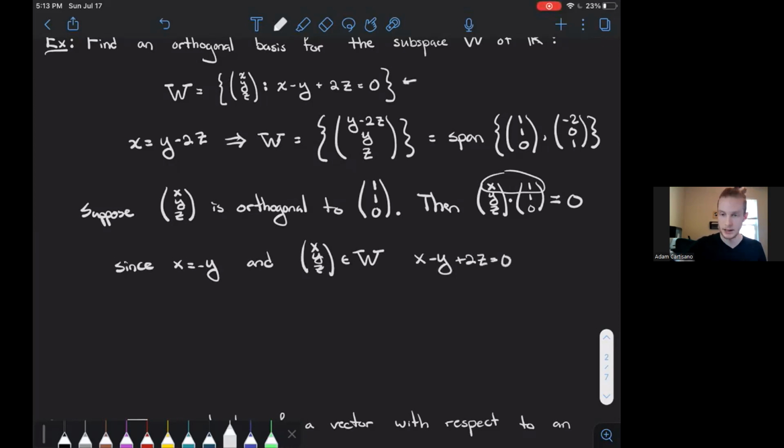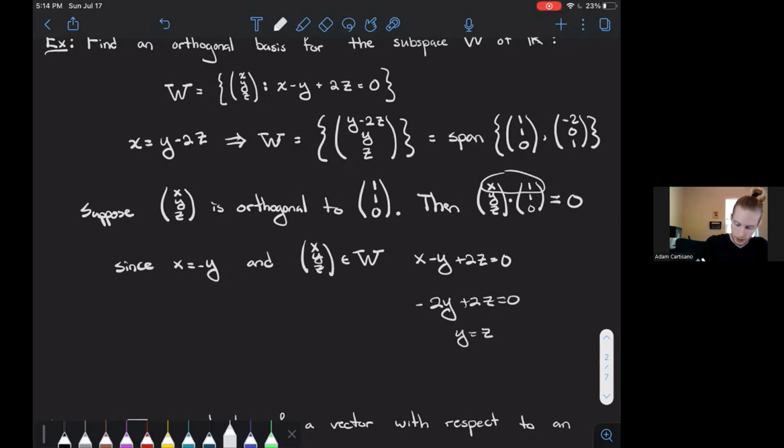Obviously, we have to be inside the plane, right? And so now we have a system of two equations. So we can go and solve. This x equals negative y is the same as x plus y equals 0. However, when you substitute x equals negative y into our second equation, you end up with negative 2y plus 2z equals 0. So y equals z.